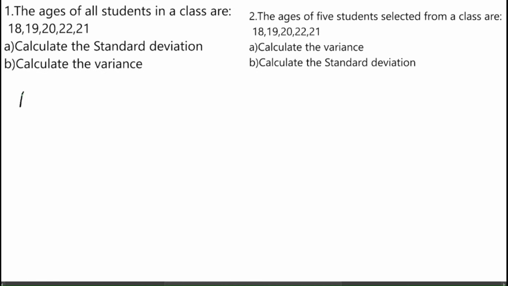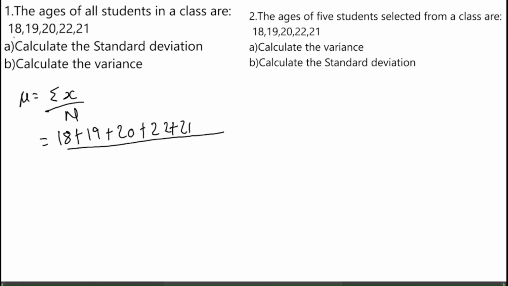First we are going to find the mean, which is the summation of x divided by n. The summation of x will be 18 plus 19 plus 20 plus 22 plus 21. Our n is 1, 2, 3, 4, 5.